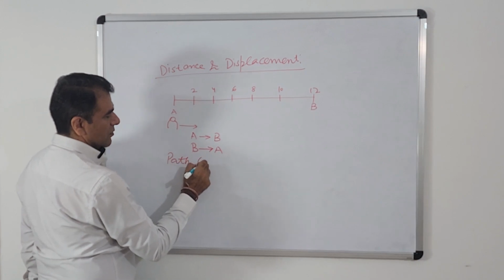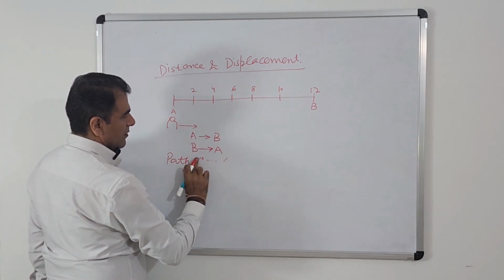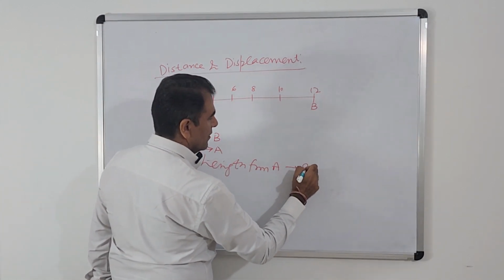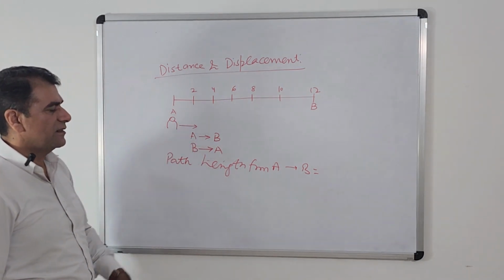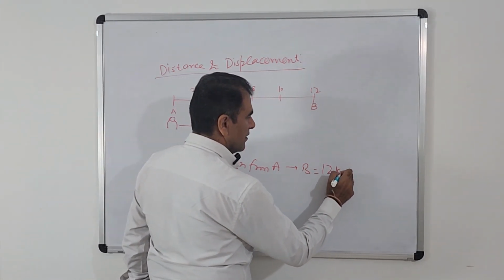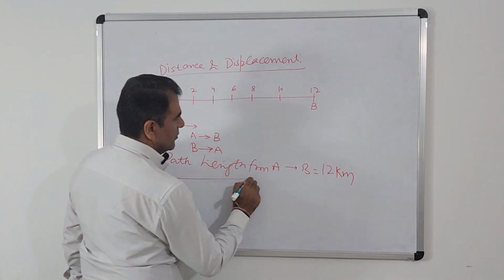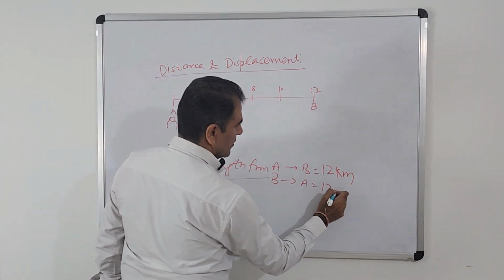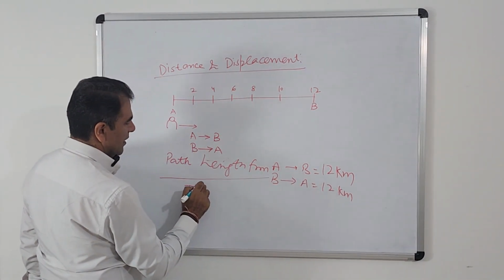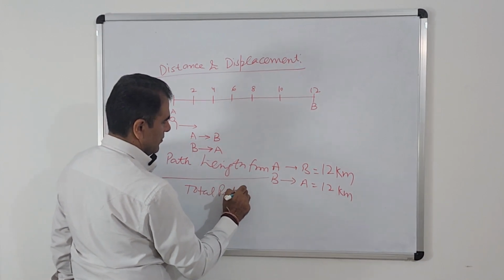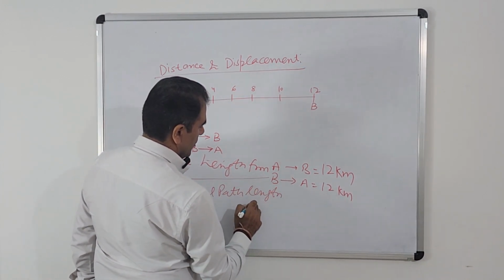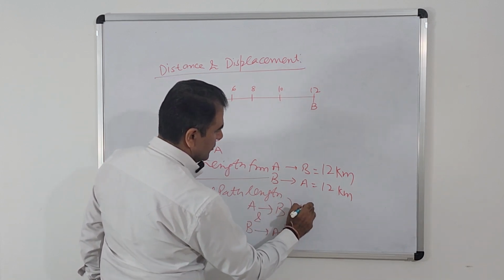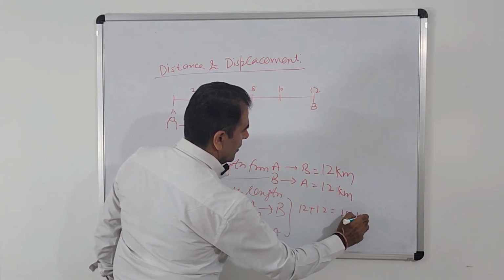Simple question to audience. What is the path length from A to B? Any person can tell it's 12 kilometer, right? Okay, path length from B to A, again 12 kilometer. So total path length from A to B and B to A combined is 12 plus 12, 24 kilometer.